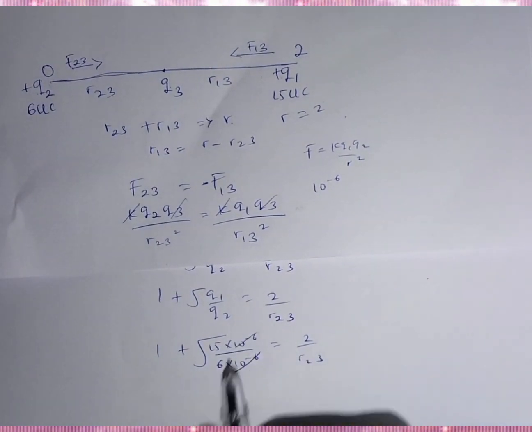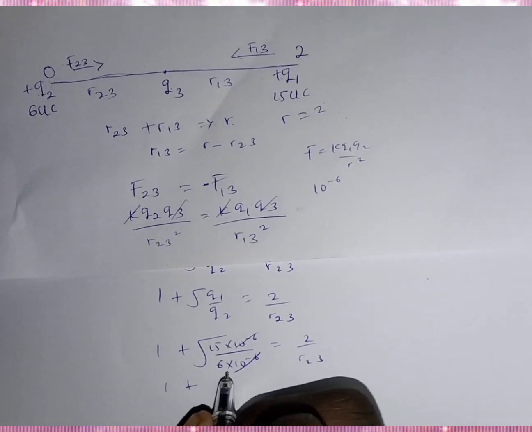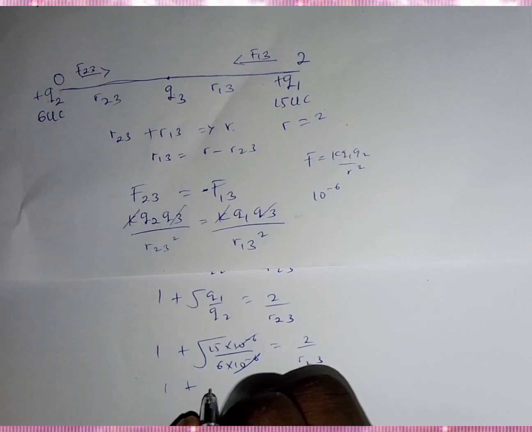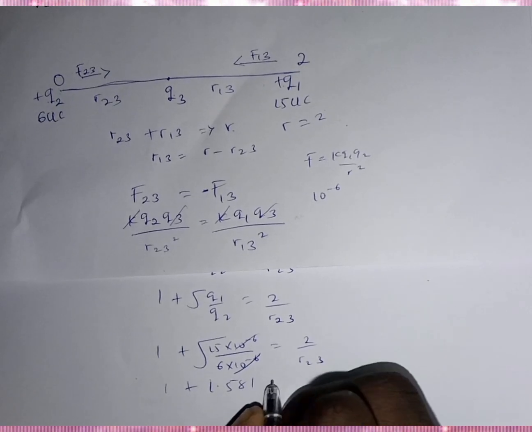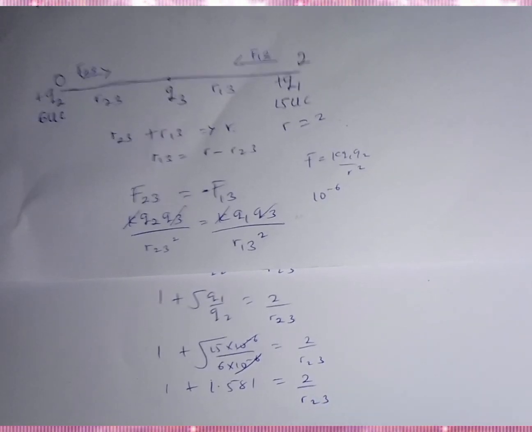Now this 10 to the minus 6 can cancel this out. We are left with 1 plus root of 15 divided by 6, which is 2.5. So square root of 2.5 is 1.581, equals 2 over R23.